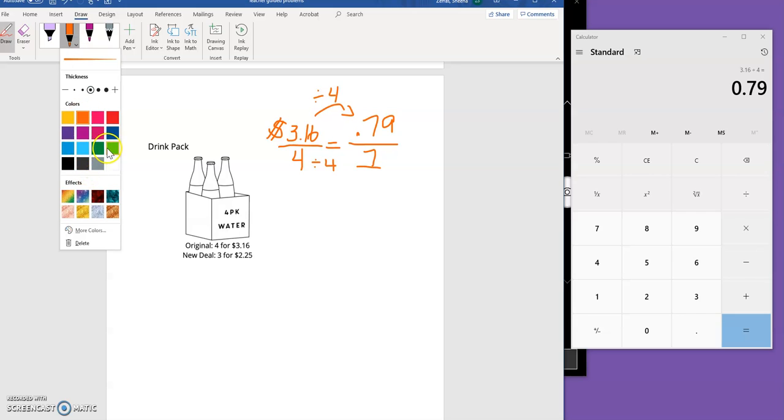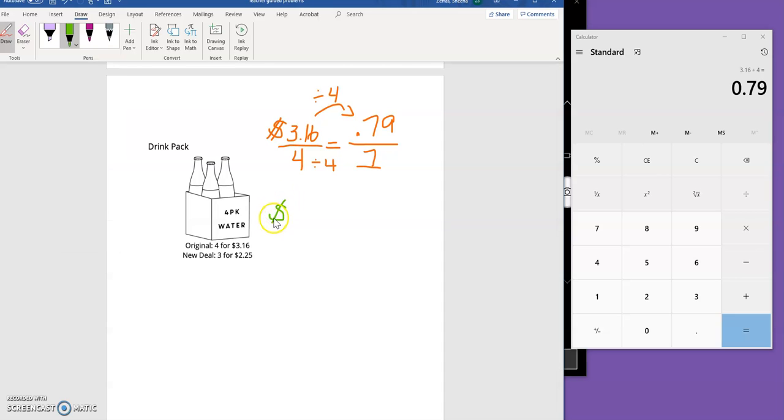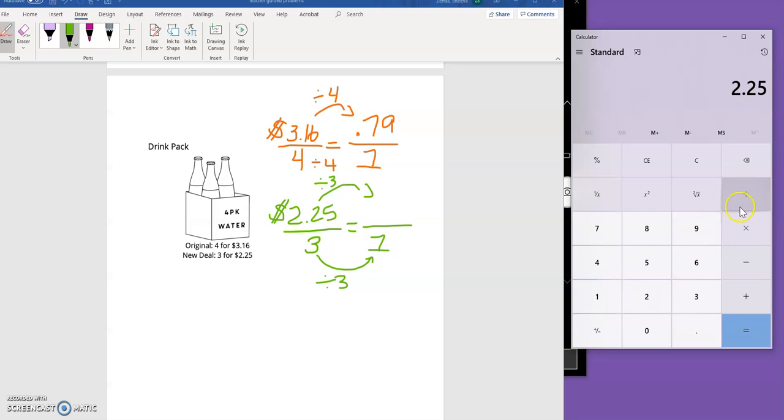To compare that price to the new deal, I'm going to rewrite the price on top: $2.25 is how much it would cost if I wanted to buy 3. Let's find the unit rate so we can compare it to the original amount. Finding a unit rate, we're making 2 equivalent fractions, so you can multiply or divide. To get 1, we're doing 3 divided by 3. Again, doing the calculation on my calculator.